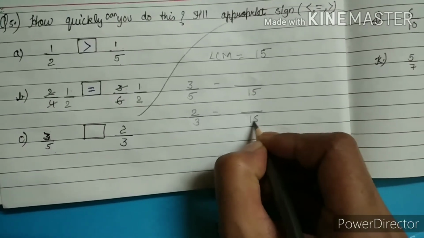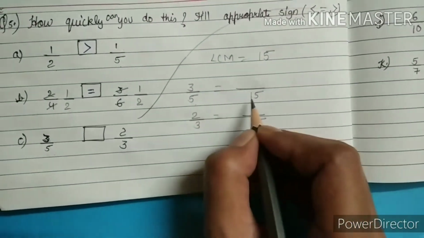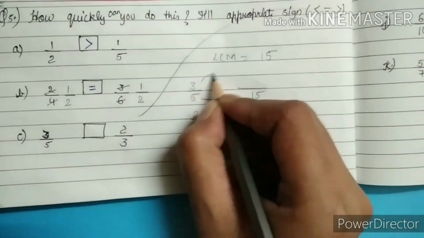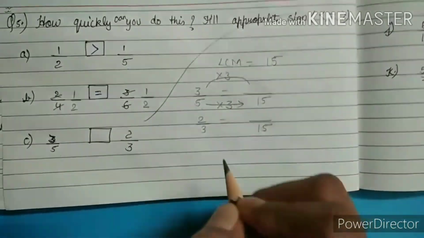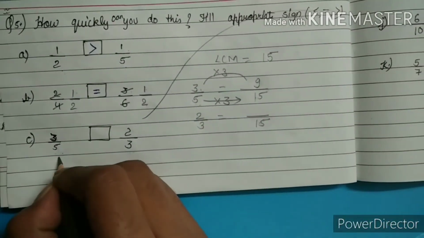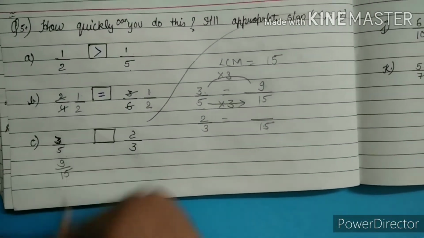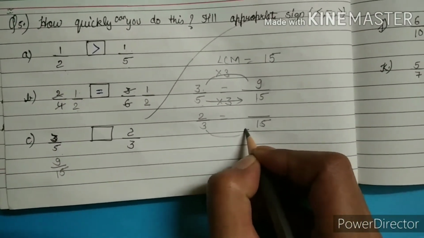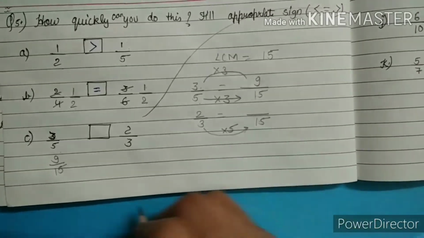Okay. So in the table of 5, 15 comes in 3 times. So we will multiply 3 into the numerator. 3 3s are 9. So 3 by 5 will become 9 by 15. Now in the table of 3, 15 comes in 5 times.